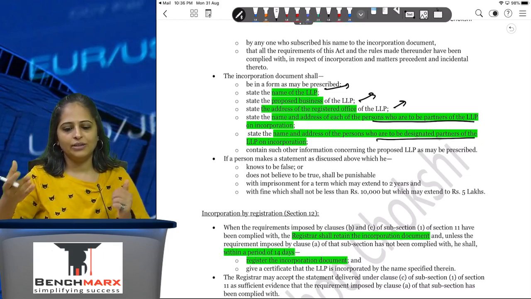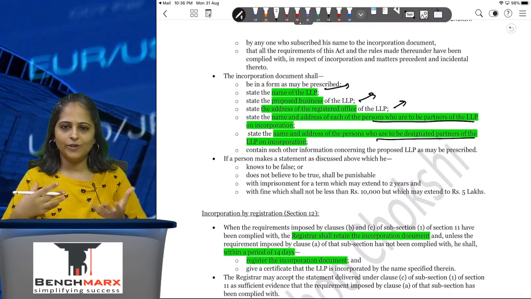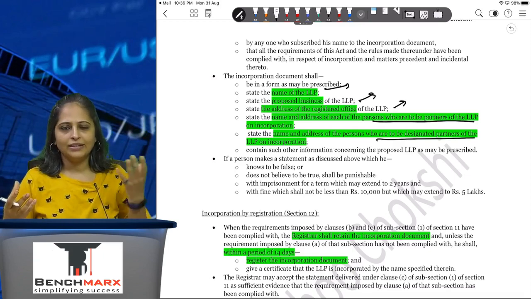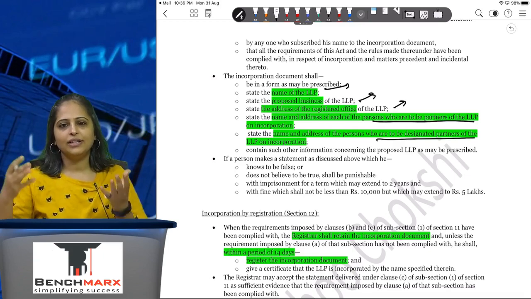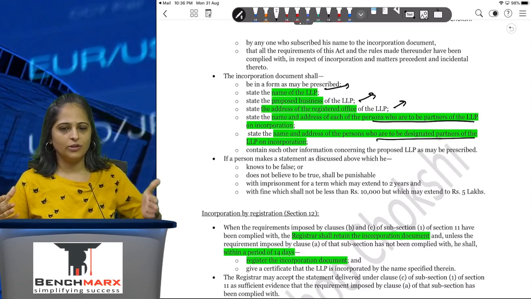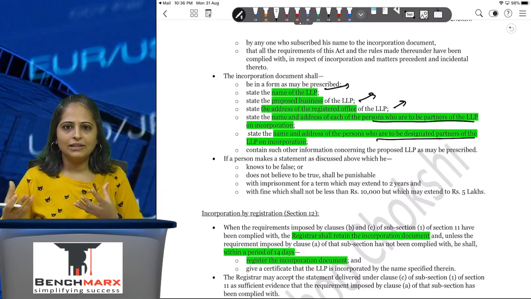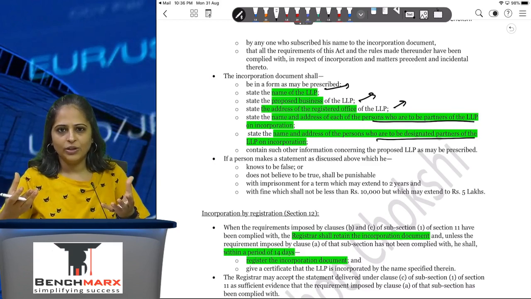The registrar of LLPs will look at the documents and verify them, and once all the documents are filed and are sufficient, the registrar of LLP will give you a certificate of incorporation. The certificate of incorporation is basically like a birth certificate you give to an individual.